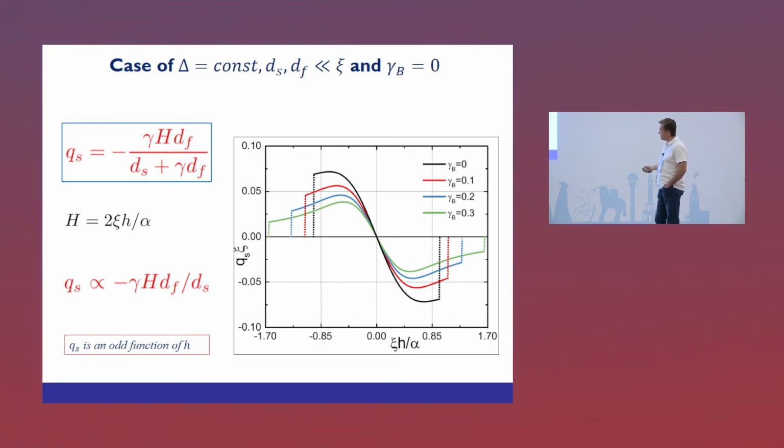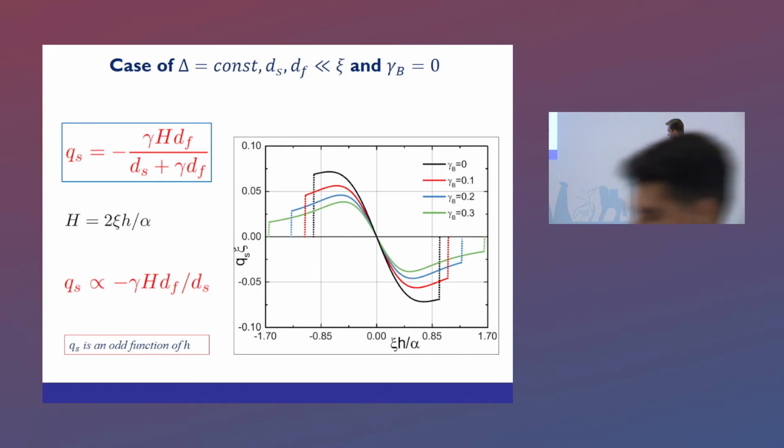It's quite interesting that this result is proportional to this factor. Later I will get this factor in the analytical result for the diode effect, and I will comment on it later. So here I just show that Q_S is an odd function of H.